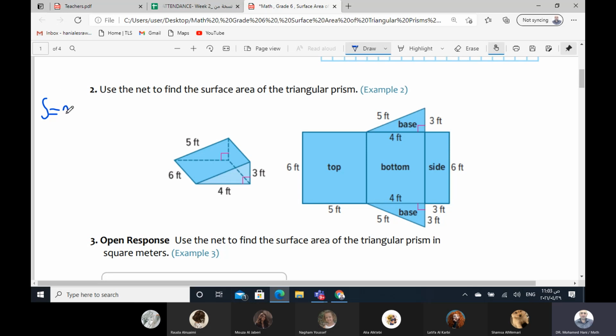So we can write 2 because here we have two congruent areas. The rule of the triangle will be 1/2 multiplied by the base, multiplied by 4, multiplied by the height, multiplied by 3.